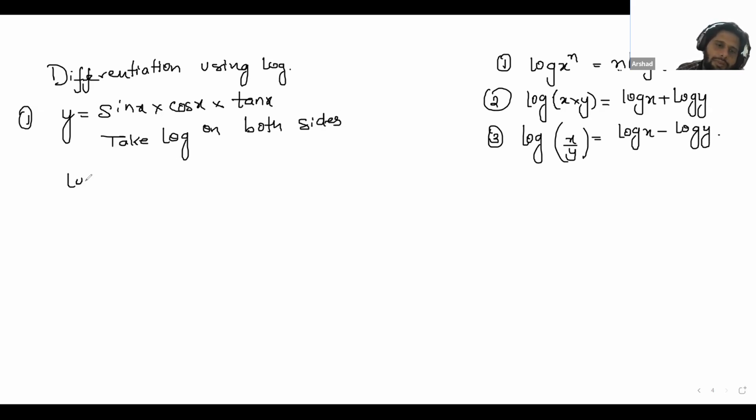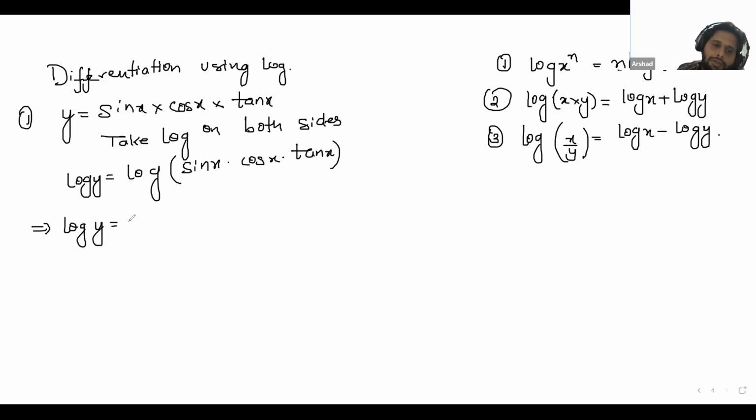This will become log y is equal to log of sin x into cos x into tan x. Now these three terms are in multiplication, so you will get log sin x plus log cos x plus log tan x. Let this be 1.